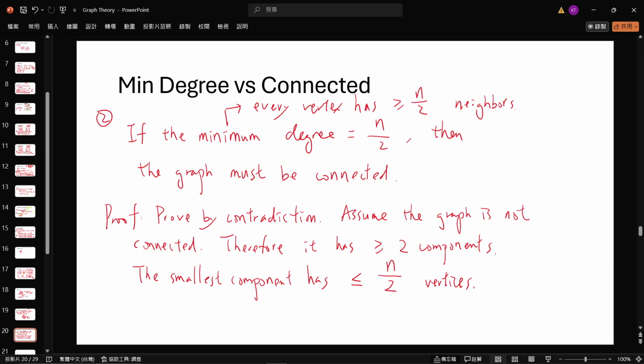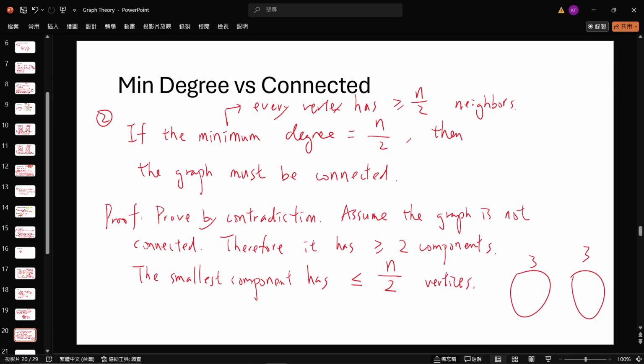So this number is at most like half of the vertices when you split the vertex set into 2 balanced sets, okay? So n over 2 for one set, and another component also has n over 2 vertices, okay? So this is like we have 3 and 3, okay?